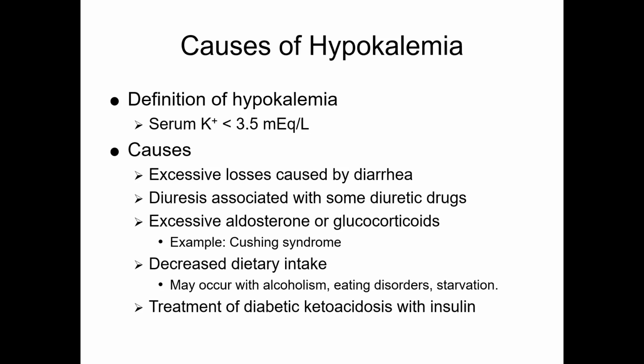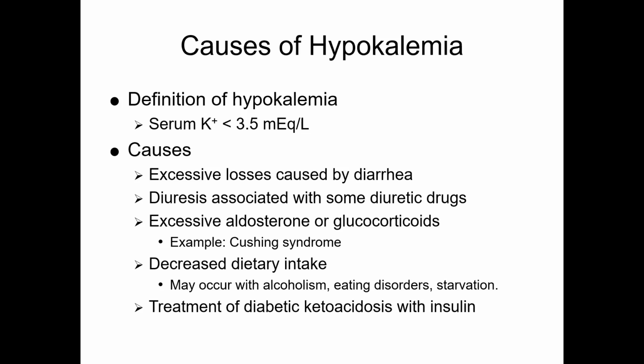So, in Cushing's syndrome, they have many of the symptoms that are close to or similar to Cushing's disease. And so, the glucocorticoids have some mineralocorticoid activity that promotes retention of sodium and excretion of potassium. And that's what actually leads to this condition.